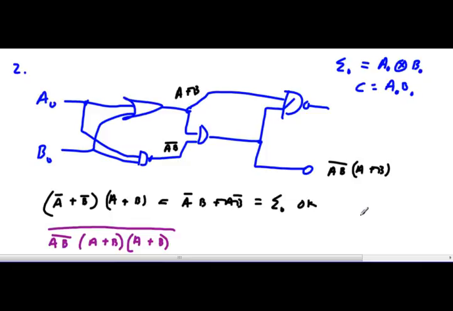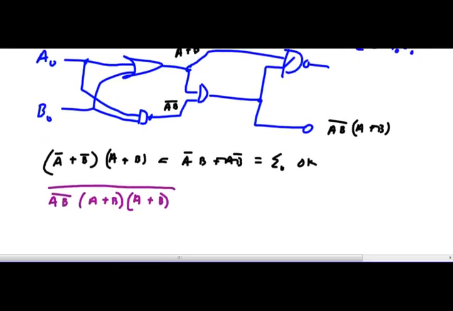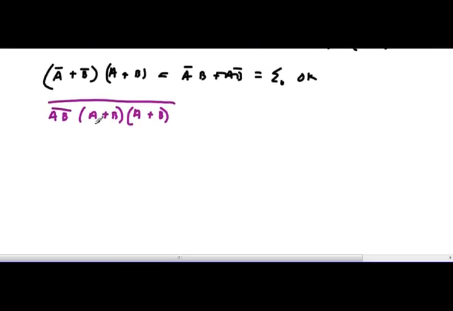Okay, well, that's what it is. So we've already done the bottom guy. So we might as well just say naught A naught B or A B naught, A or B.